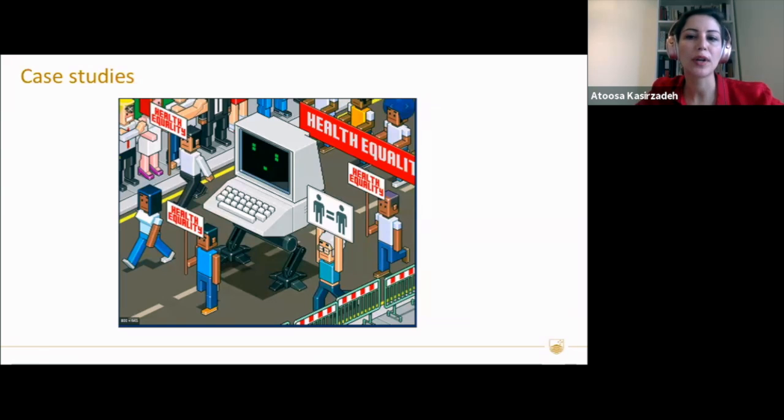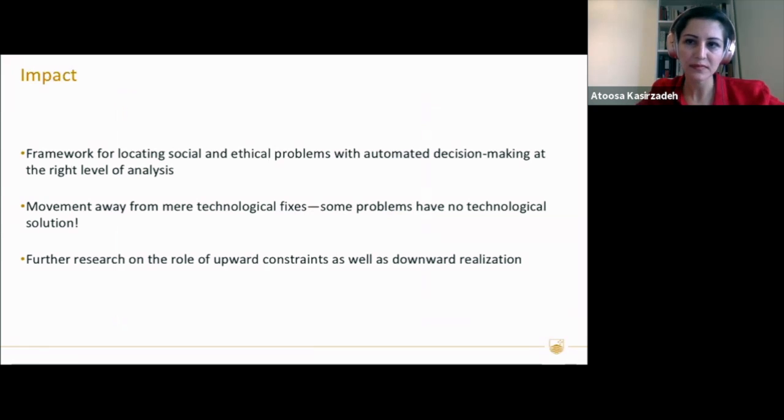But one might also worry that even among those properties that can be mathematized, there are still additional ethically laden questions that must be answered. So in short, we hope that this ethical gravity thesis and this level-based analysis of ethical algorithmic decision-making provides a framework for locating different social and ethical problems with automated decision-making at the right level of analysis.